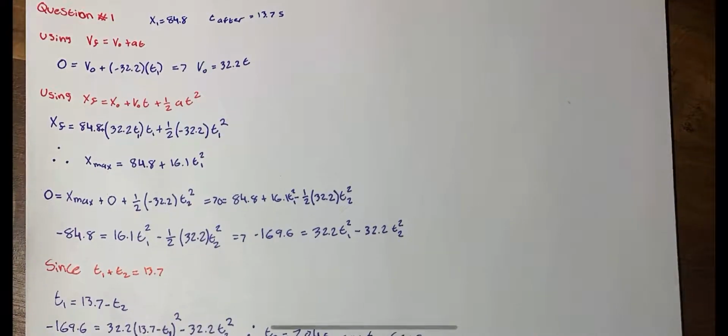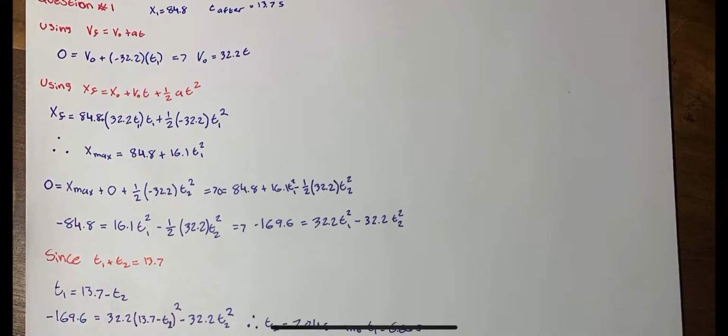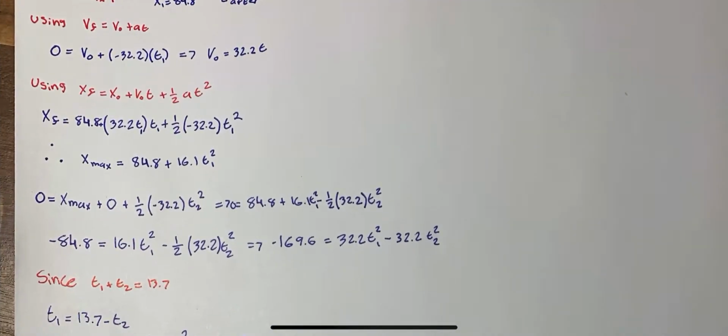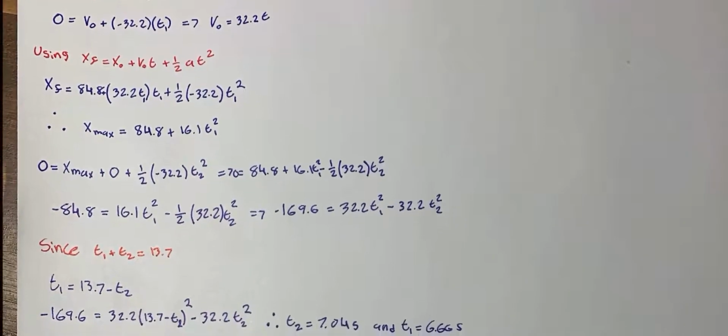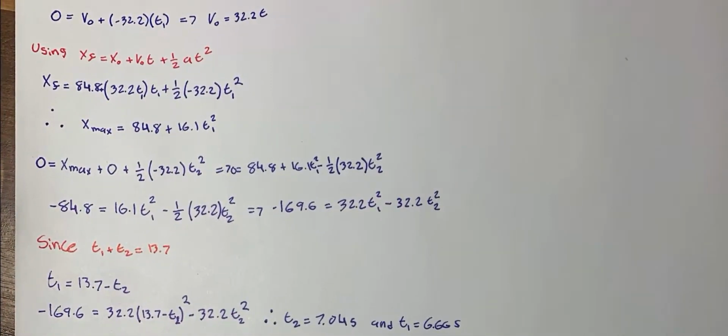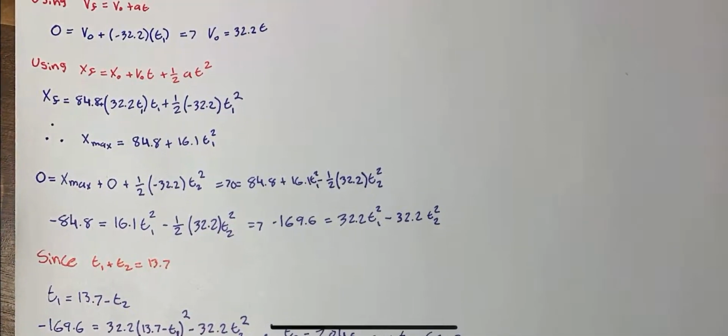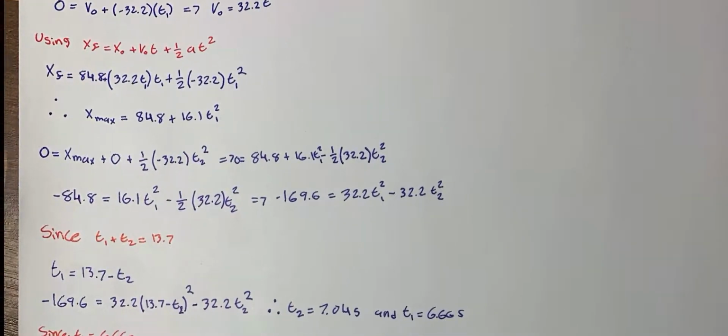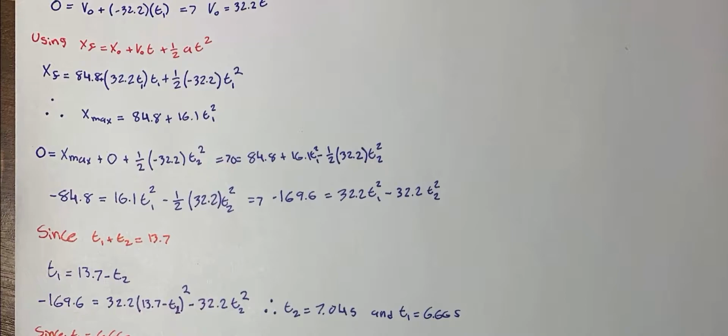So just using the velocity function here, we can solve for v_0, which is 32.2 t. Then using the position function, we can plug in v_0 to find x max, which would be 84.8 plus 16.1 t1 squared, where t1 is the time from the thrust cutoff to x max.